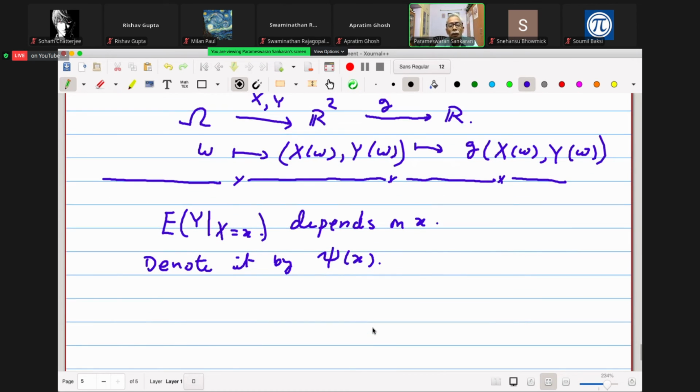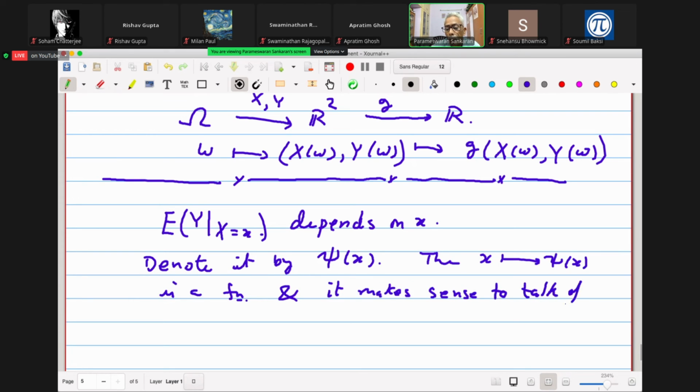Then I get a function. x goes to psi of x is a function, and it makes sense to talk of psi of capital X. So this is a very important notion, and this is a new random variable.